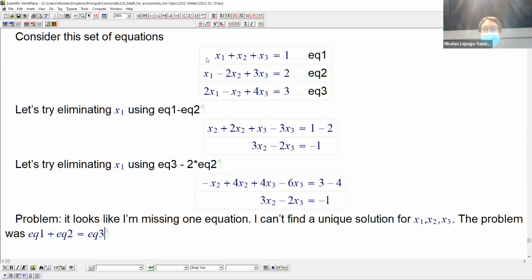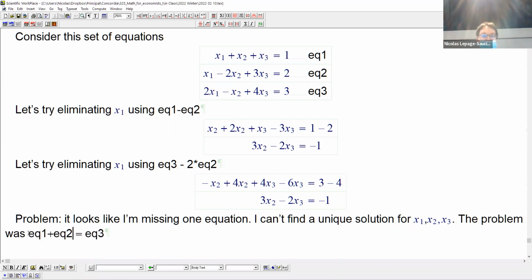And you see what we get. x1 plus x1 is 2x1, x2 minus 2x2 is minus x2, 1 plus 3 is 4, and 1 plus 2 is 3. So it's not enough for them to be independent by pair. They have to all be independent. And this is what we're going to see later: linear independence.